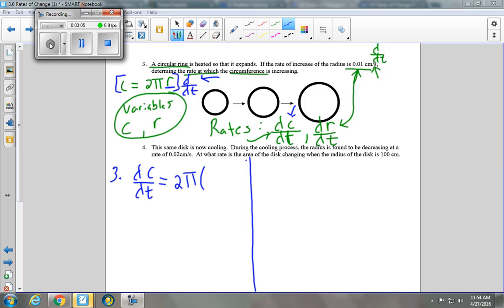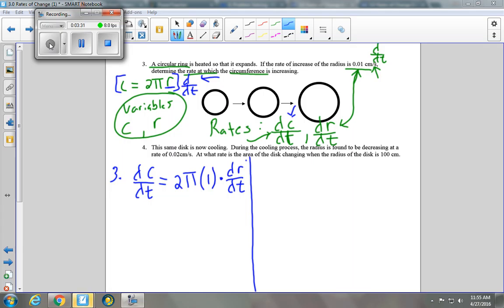But do you remember that implicit differentiation thing we did? Remember when we took a derivative of something, the derivative of this is just 2 pi times 1, right? But then it's also going to be multiplied by the derivative of the inside, dr dt, right? This is just the chain rule, so it's the derivative of the inside.